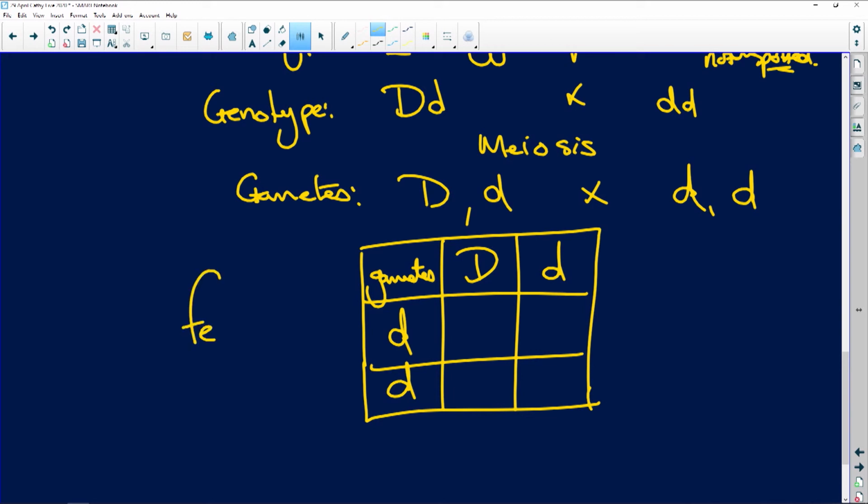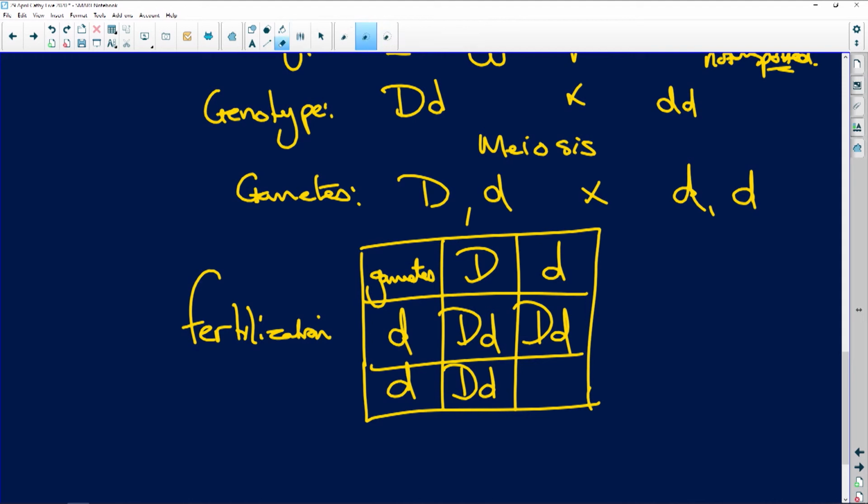I hope you realize this. Fertilization occurs, and capital D, small d, capital D, small d, and small d, small d, small d, small d.